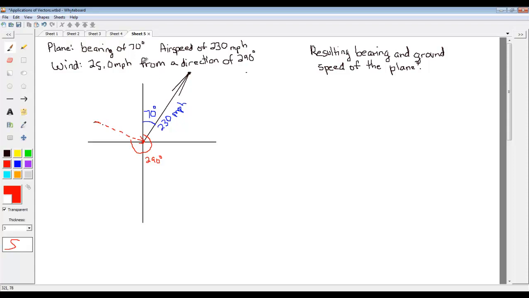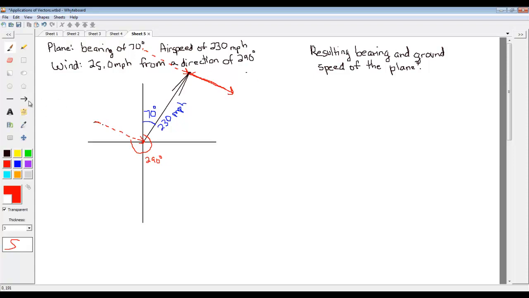So if we move the vector, it's going to be hitting the airplane like that, and it's going to affect the plane. So we can move it to here.